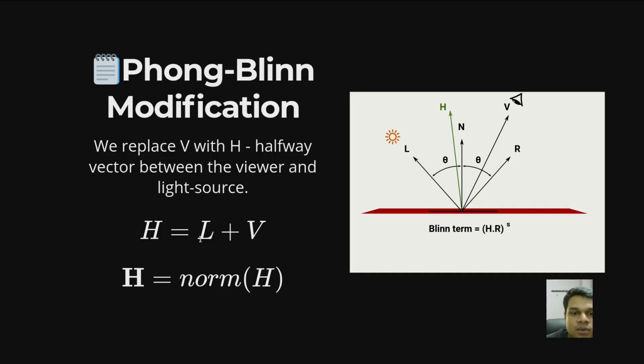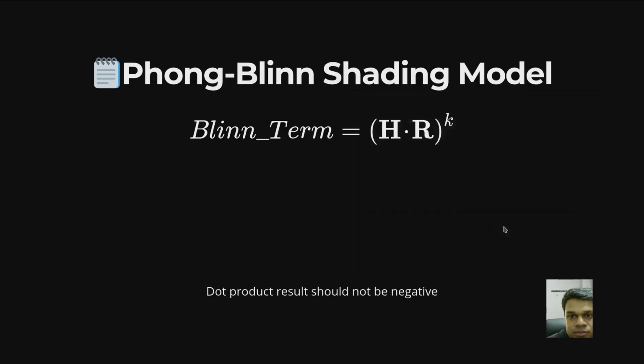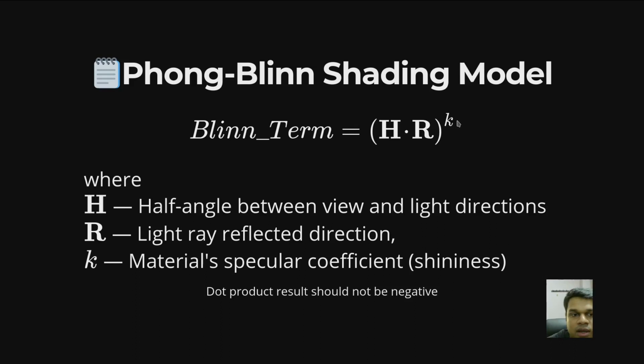In vector mathematics, we just add L and V. If it was L and V over here, and you shift V to the position of L, it will be L plus V, and it will be in the halfway position between L and V. And remember, H has to be a normalized vector, so a further modification is done and we normalize H. Now, instead of V and R, the Blinn term is actually H dot R to the power of S. Again I replaced it with K over here.